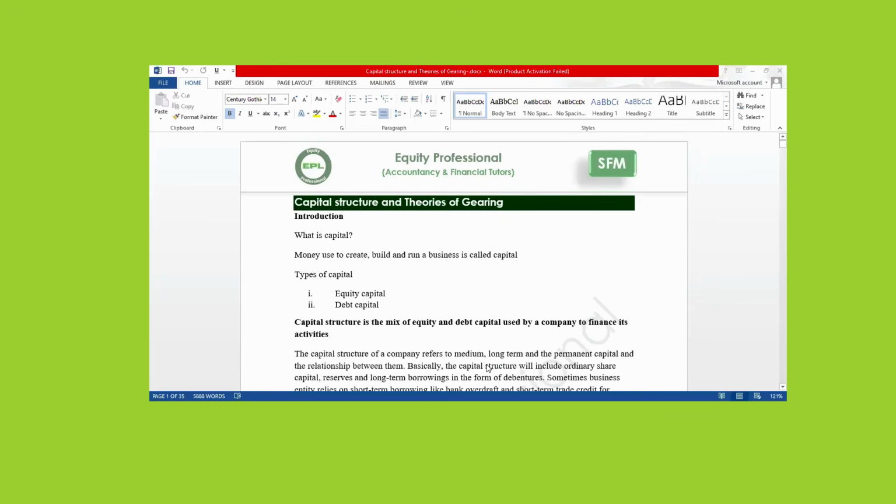If your cost of capital is increased, that means your expenses is increased. And reasonably, business organizations want to minimize their expenses.